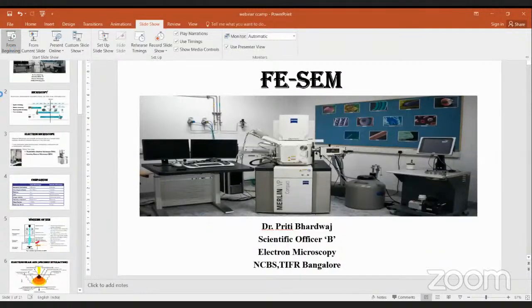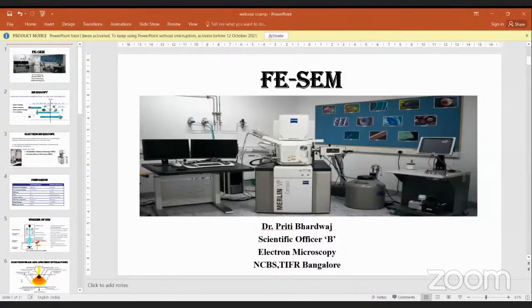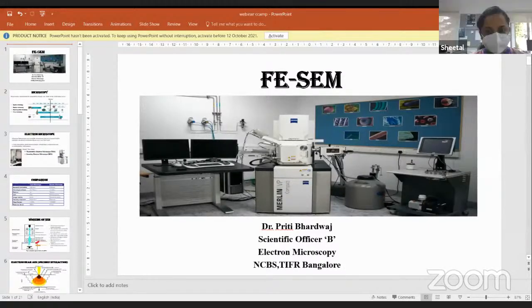Okay, I think it is visible now to everyone. But you're not in present mode. You can put it in present mode if you click the bottom right most icon, near the screen resolution, the presentation icon.